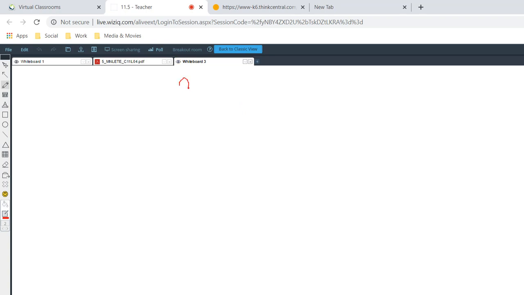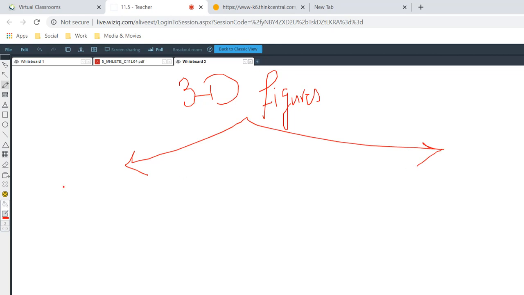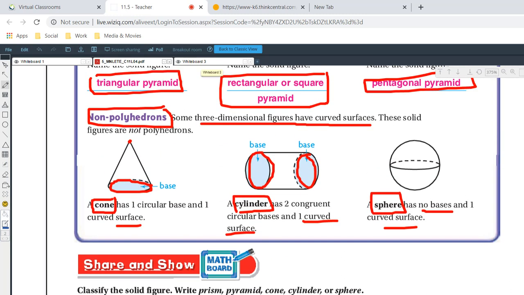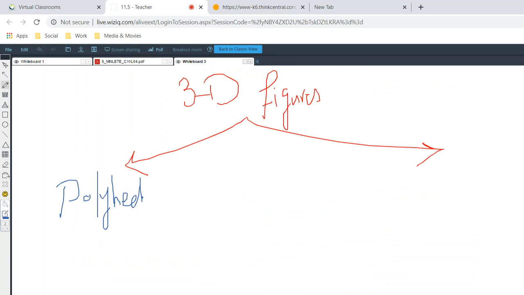We have three-dimensional figures, and we have two types of three-dimensional figures: polyhedrons and non-polyhedrons.